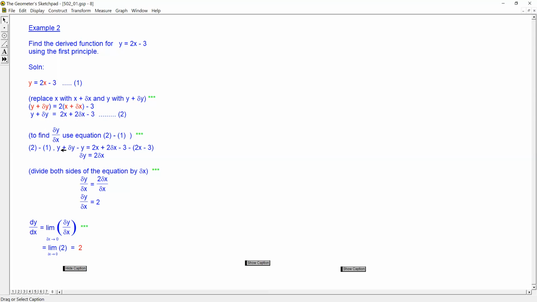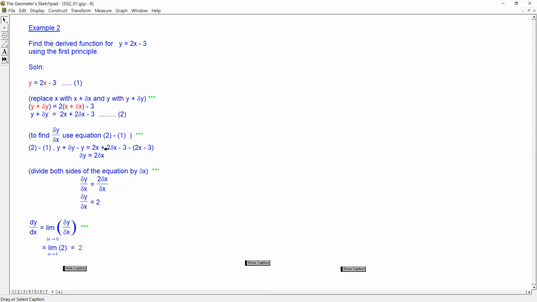So when you subtract, you will have y plus delta y minus y. Then this thing, 2 times x plus delta x minus 3, minus this one. This one comes from equation 1.